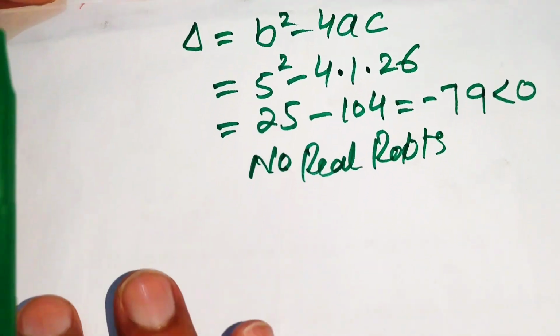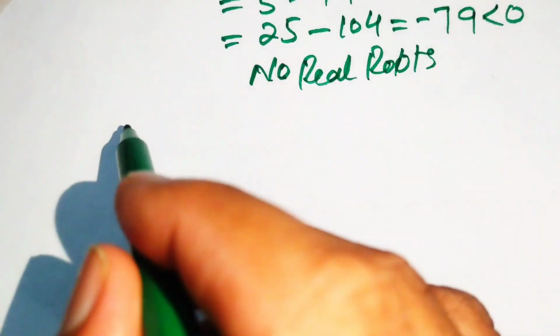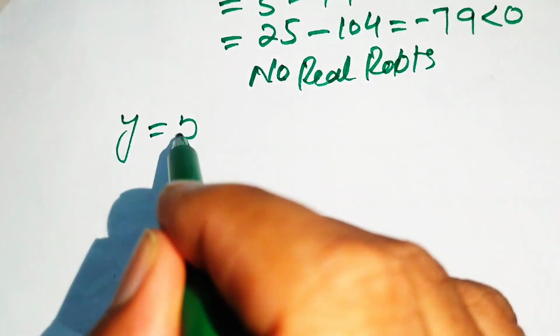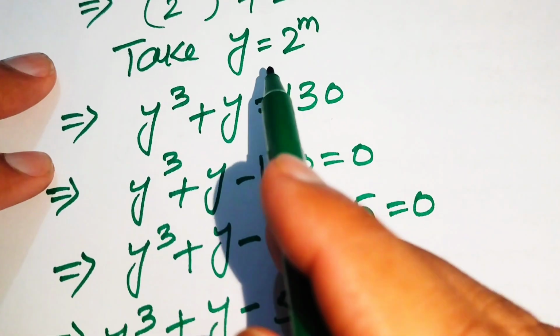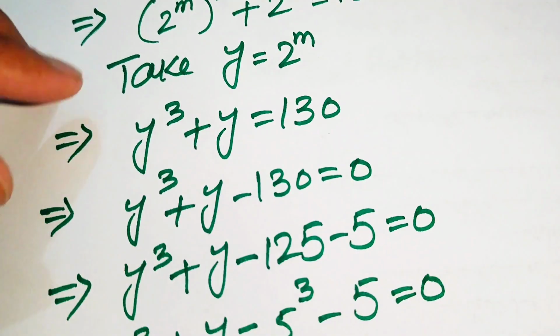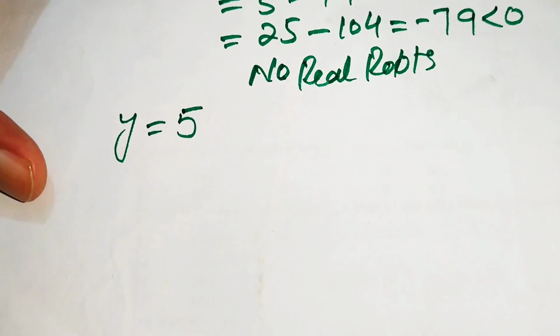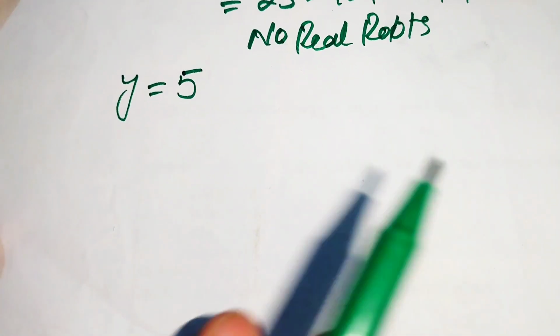only, and in this case we have y = 5. Now we back substitute the value of y, and we know that y = 2^m.